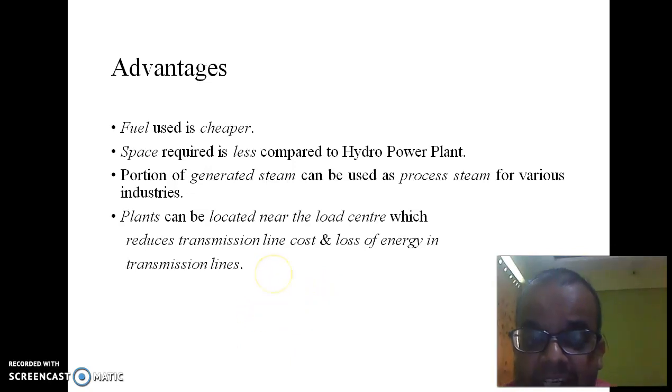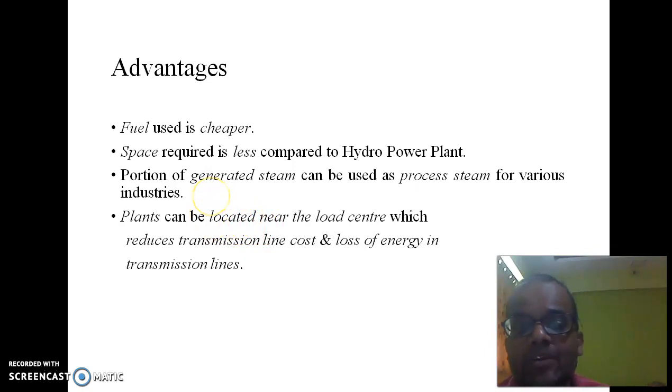Also, a hydroelectric power plant requires a particular topography and site, where there is a lot of rain and a water dam, so location has much more importance. But that is not the case for the steam power plant.